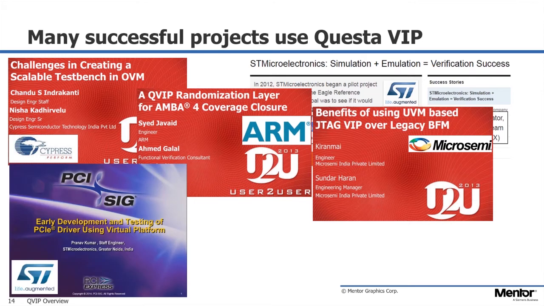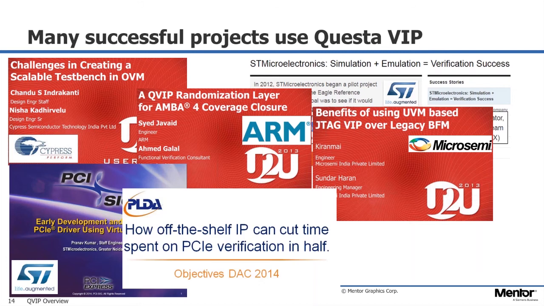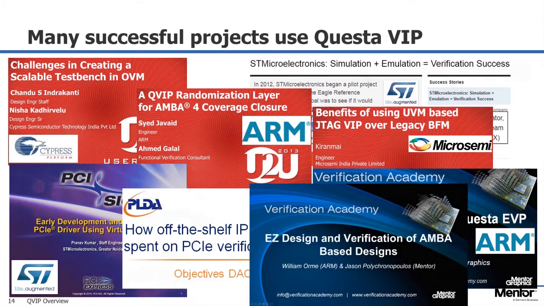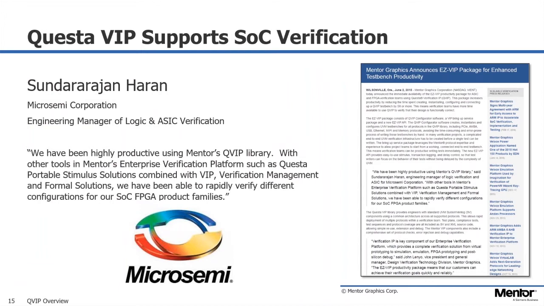Microsemi used our verification IP to really flesh out their JTAG controller to make sure that it's doing everything correctly. On the PCIe front, most of the PCIe vendors, PLDA and Xilinx, Altera, et cetera, have all used our PCIe verification IP to help qualify their things. So just a few things.